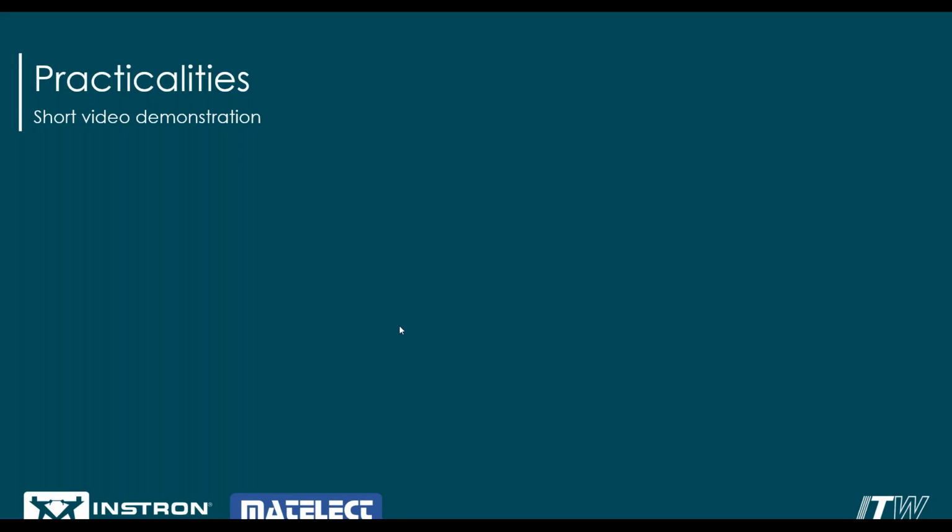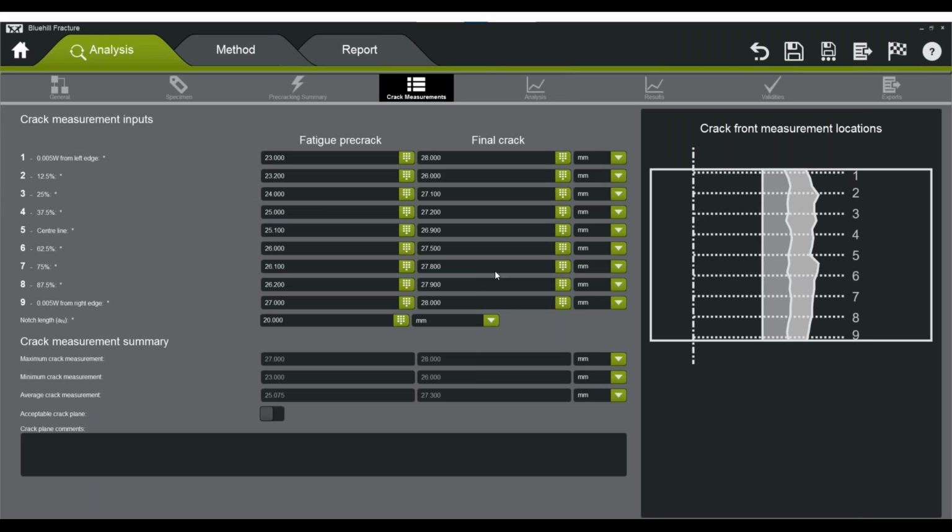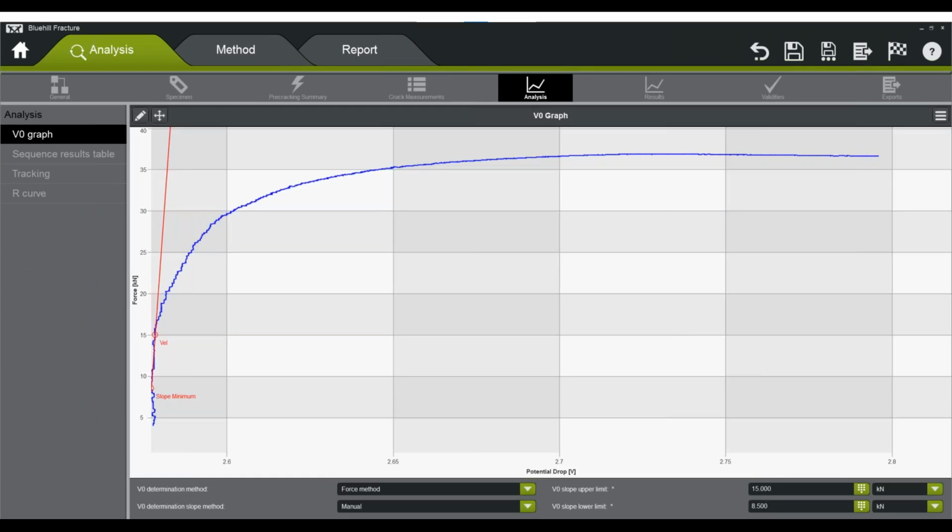My apologies. So just so that you see what you build up is during the test, you would build up a raw data curve, which is, you see force and displacement there. And then you would need to fracture your specimen and look at the start and finish crack lengths and enter those in order to do your analysis properly.